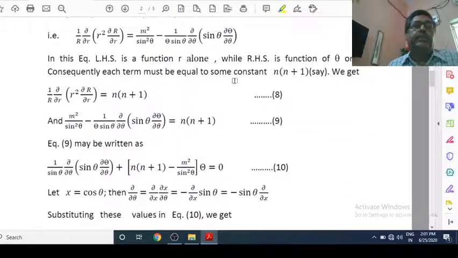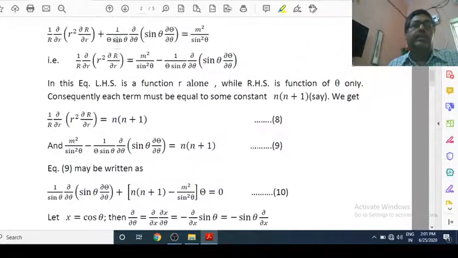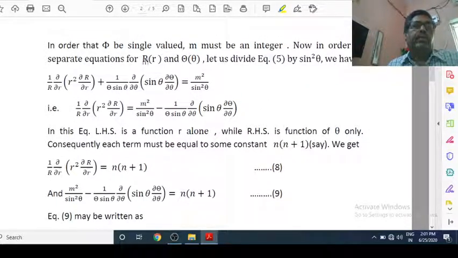So it will be like this. First we divide by sine square theta, so in place of sine square it is 1, and here 1 by sine theta. Now we arrange this. How do we arrange? This term is taken to the right side. Now you can see the terms containing theta and containing r. So we can write the left side is a function of r alone, and the right hand side is a function of theta alone.